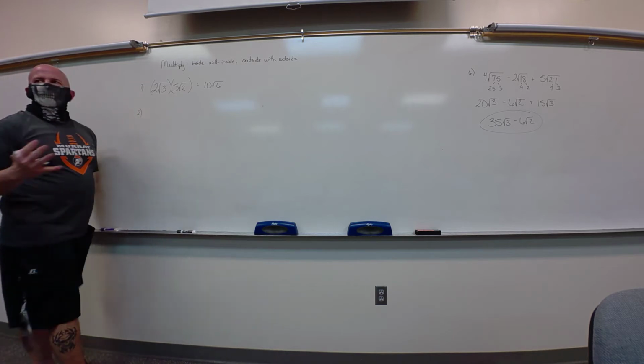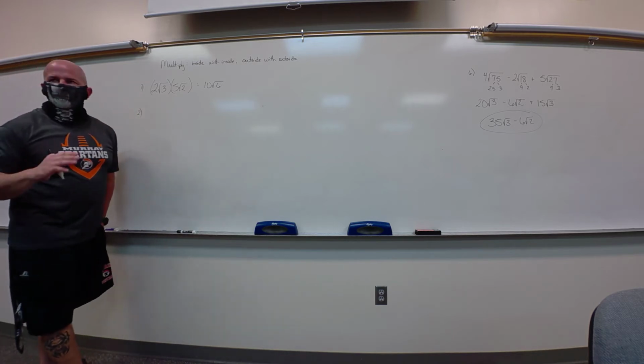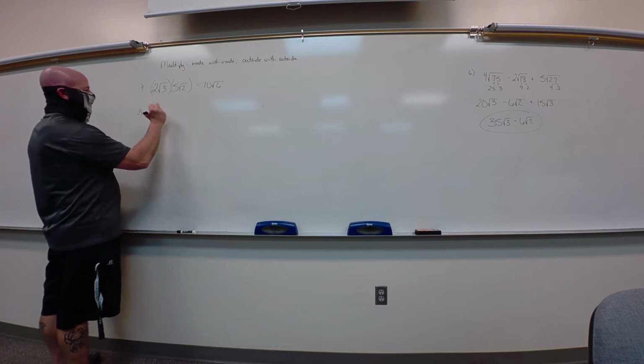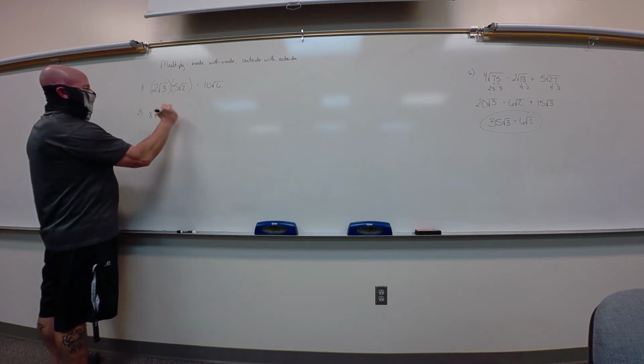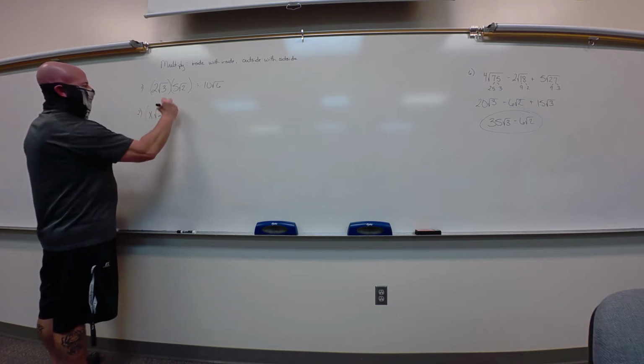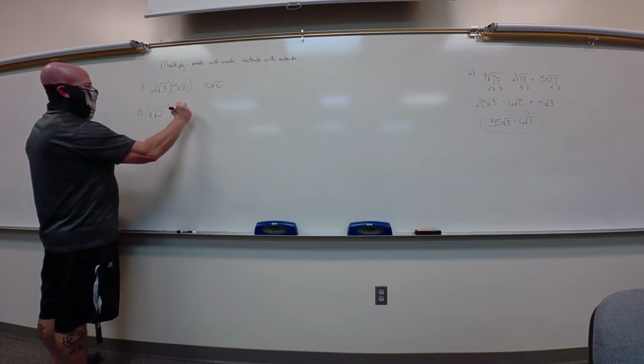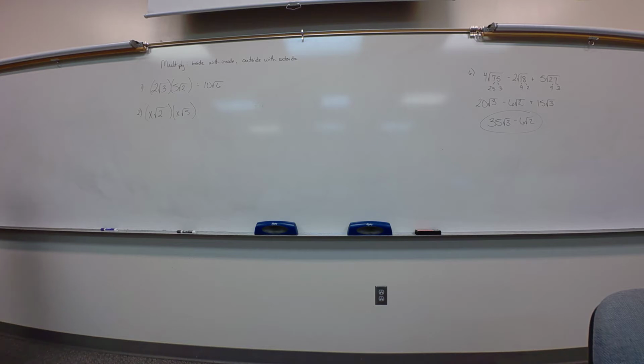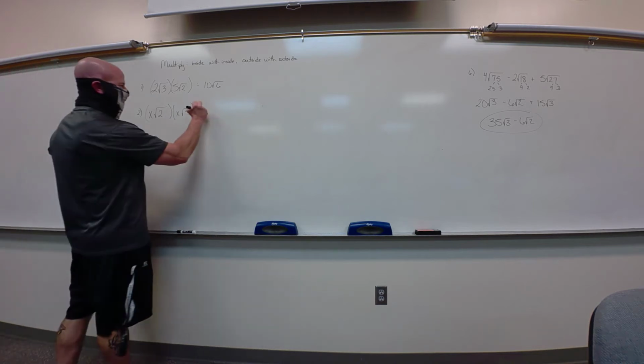It doesn't matter if I have variables, numbers, it doesn't matter at all. Let's go x square root 2 times x square root 5. So outside with outside, x times x would be x squared.